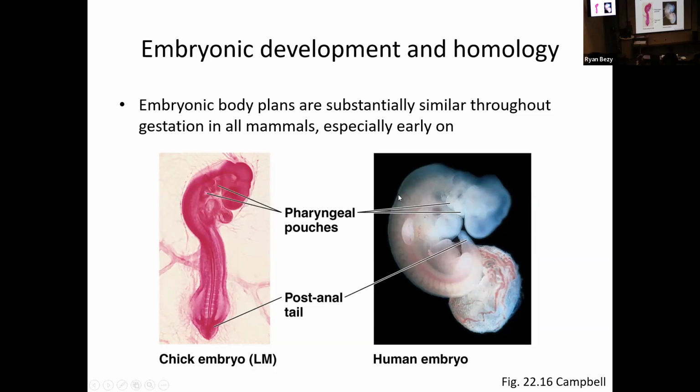Those are going to become things like the larynx, but they look like gills at this point in the embryonic development, because remember, I already said that the larynx, the voice box, is a modified gill. So you have these pharyngeal pouches, and developing human embryos start off with a tail, for instance, but then they lose it over the course of embryonic development.